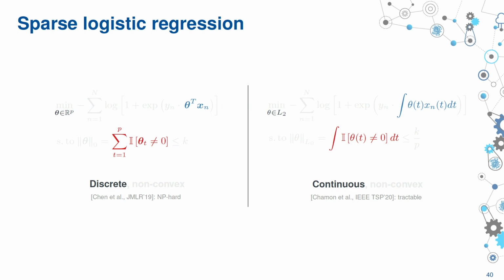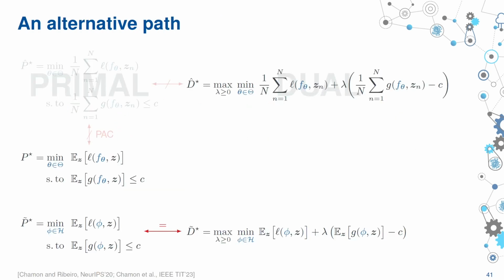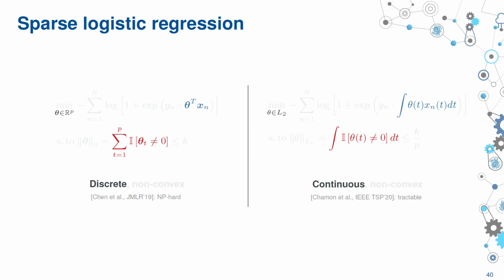This problem here is known to have no duality gap, and that's the reason why we can do a sparse reconstruction when the number of samples that we observe is large.